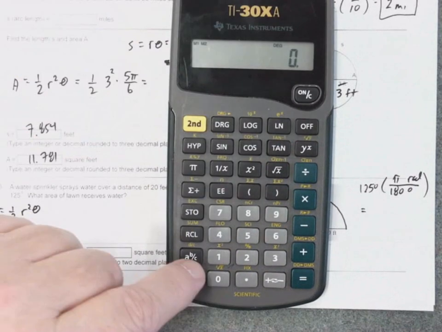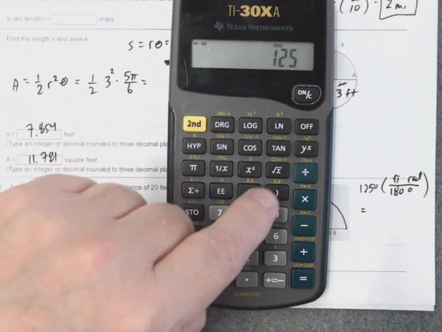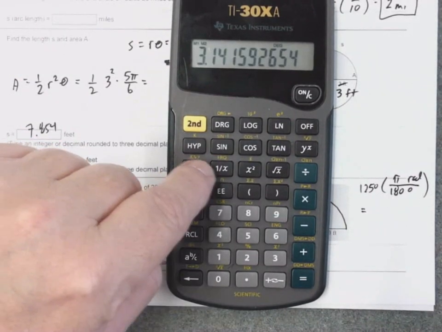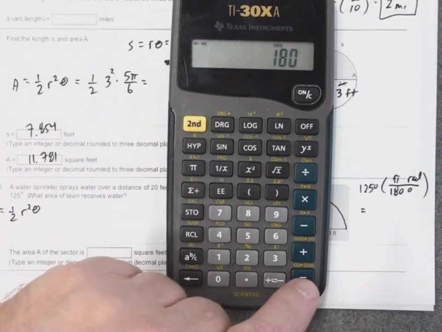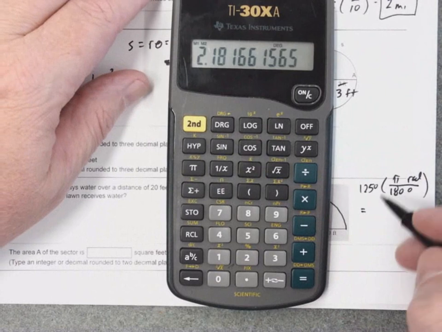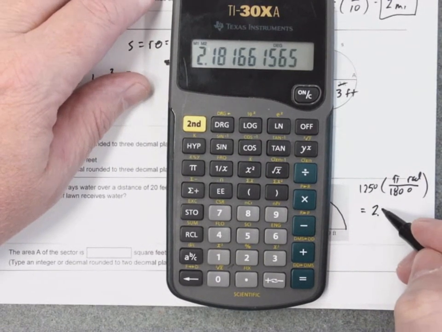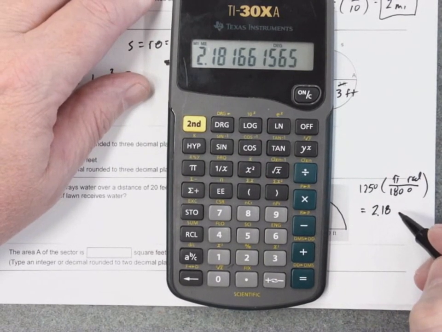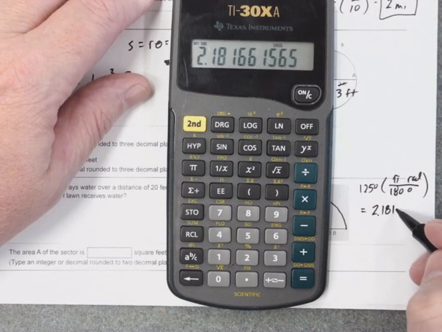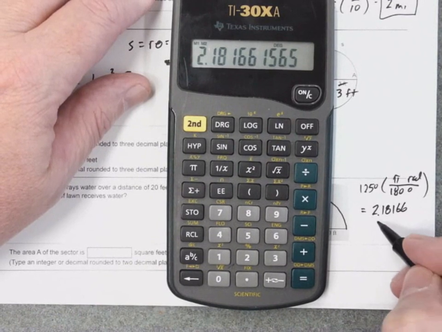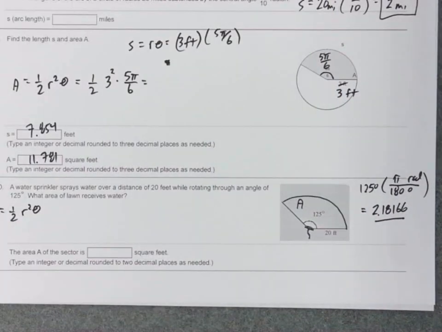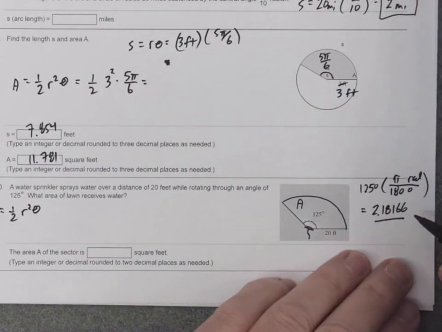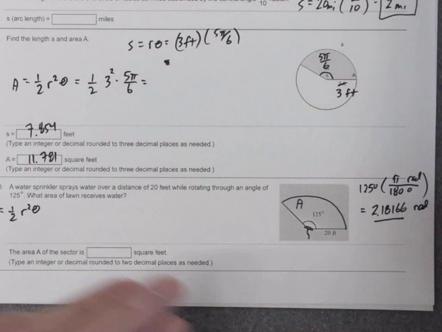So I'm going to say 125 times pi divided by 180 equals 2.18166, just to be safe. 5 decimal places. So that is now the angle in radians.